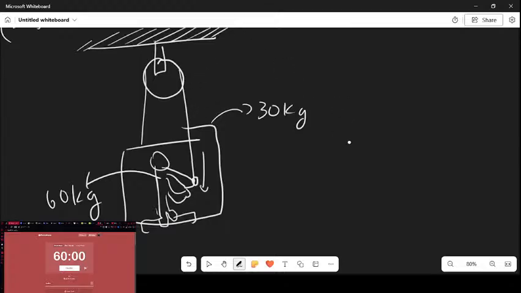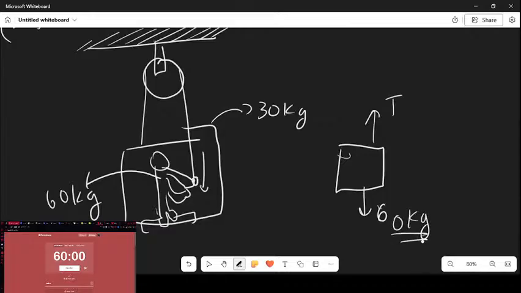Alright, so if this is the man, your tension T, and 60 kg. I'll try to do that.